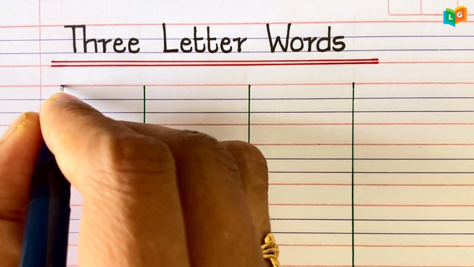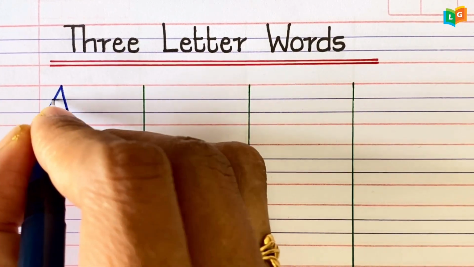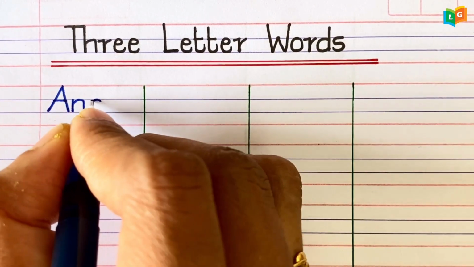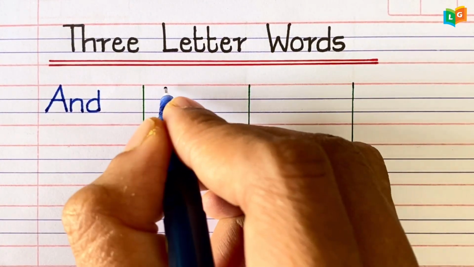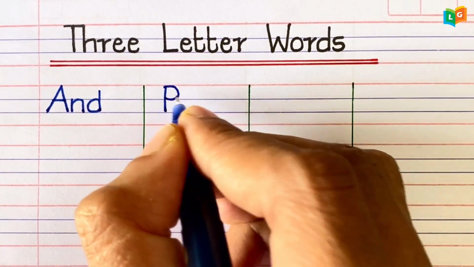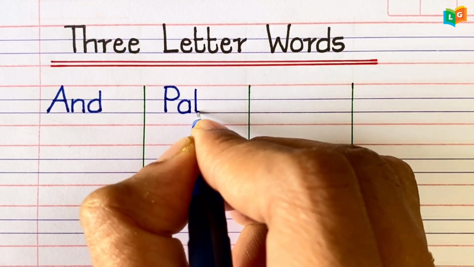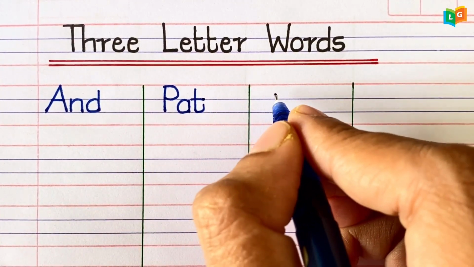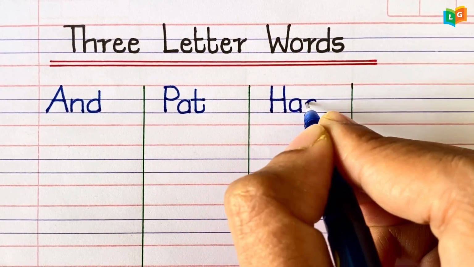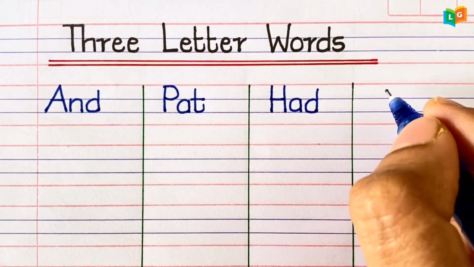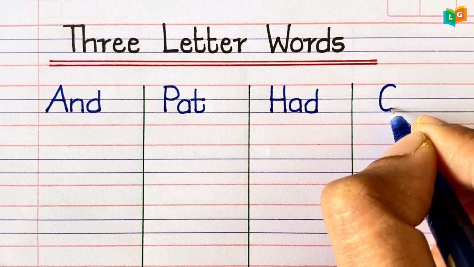In today's video, we're going to learn and write 3-letter words in English. A-N-D, and. P-A-T, pat. H-A-D, had.